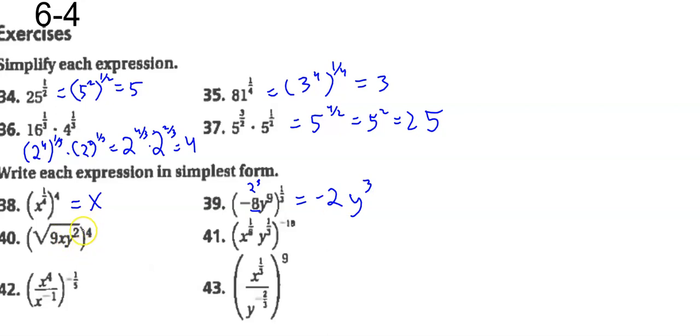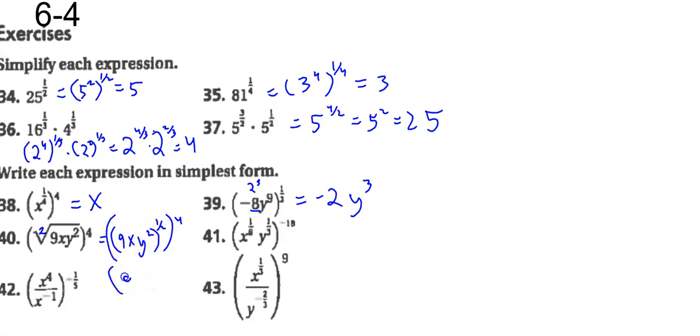This one, it's tough to do. What I would do is think of that square root as really the 1/2 power. So I might think of this as 9xy squared to the 1/2, to the power of 4, right? So that's really, I'll have to erase some of this in a second, but this will be inside of there.